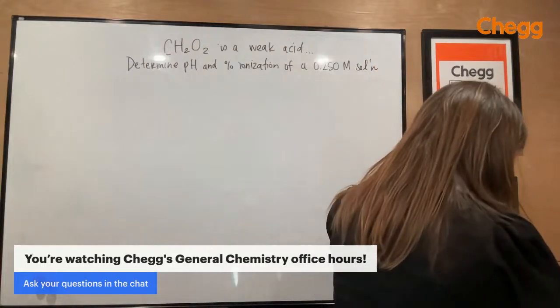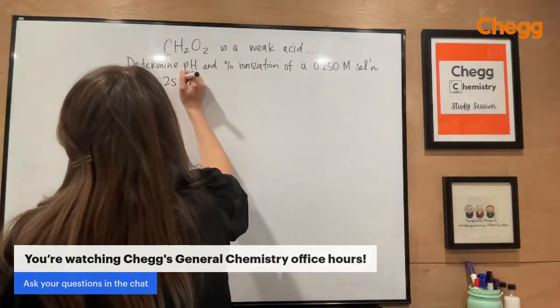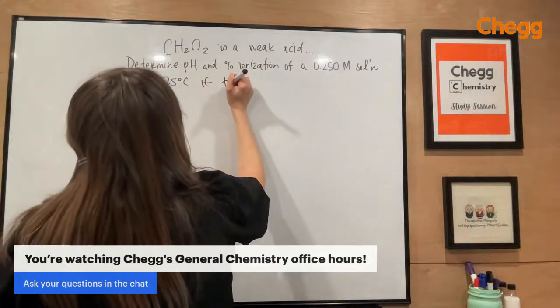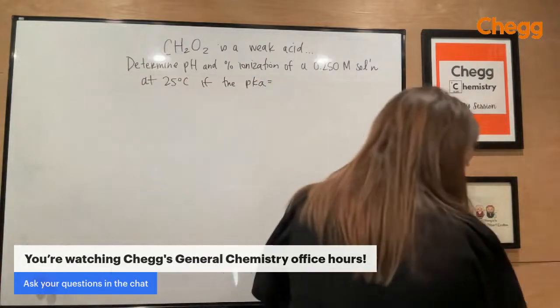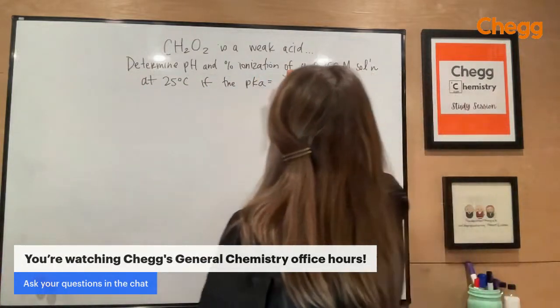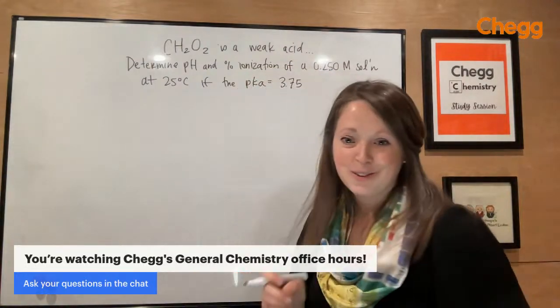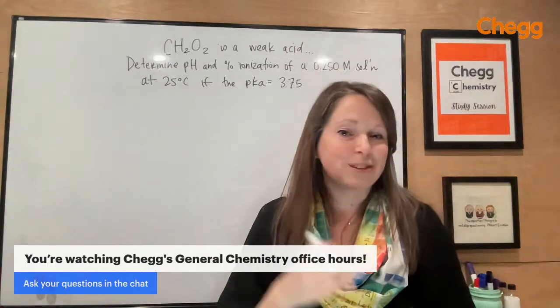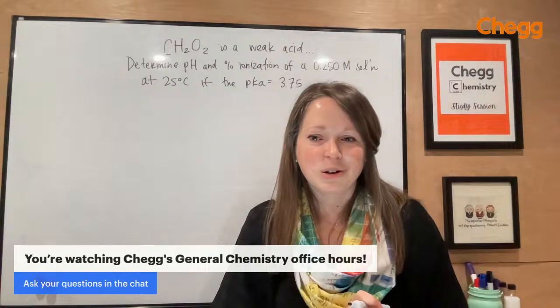I guess we should technically say at standard conditions, if the pKa is, let's see, 3.75. All right, and I promise if you're here to learn balancing, I will do some balancing too before the session is over. All right, so let's go through this.